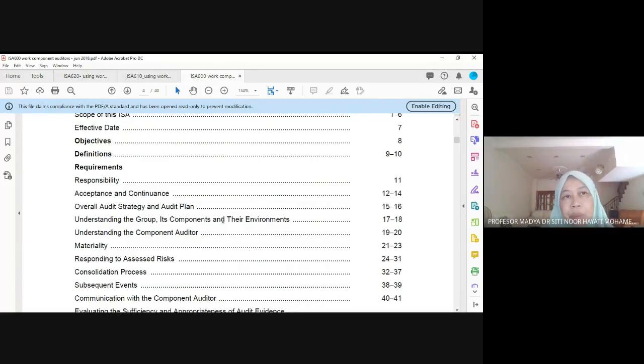And using the work of the component auditors here is actually related to group audit. Later we are going to do group audit. So for the group audit, generally would cover this one, using the work of the component auditor.